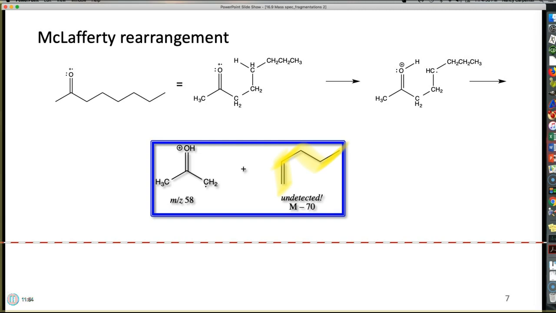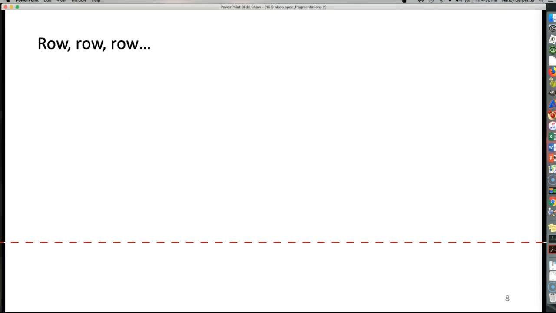Since it's neutral, it's not detected, and I've lost a piece of my molecule that weighs 70 mass units. But more importantly, what I see is the charged fragment. I should expect to see a significant peak in mass to charge 58, and indeed you do. So that is a whole slew of mass spec fragmentation mechanisms for you.